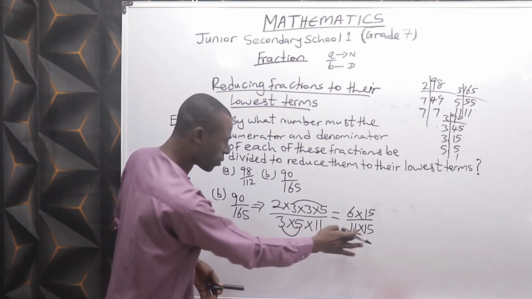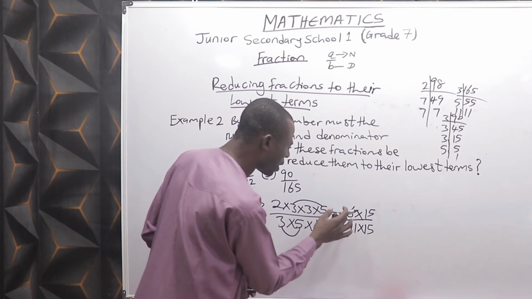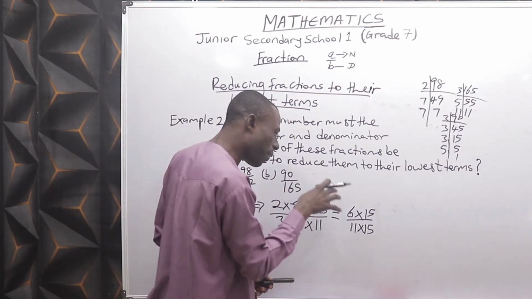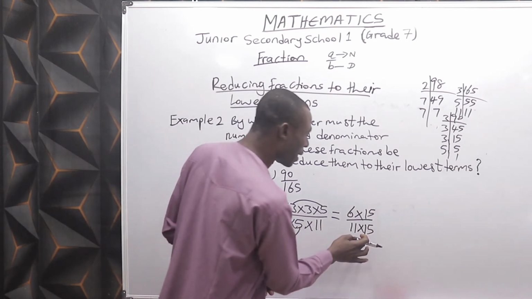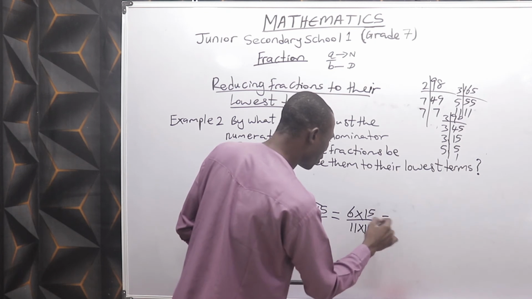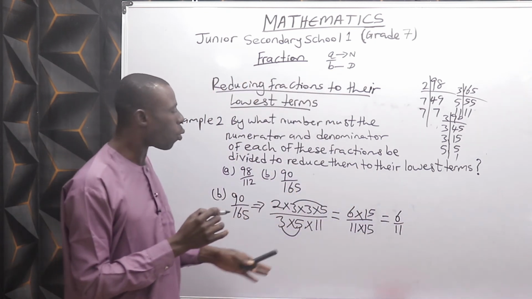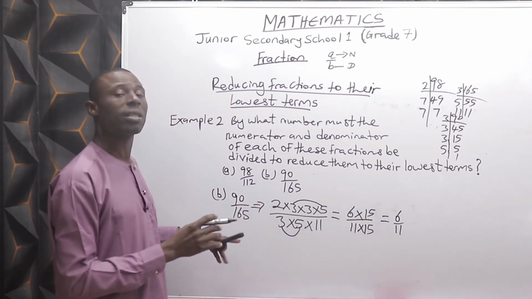3 times 5 is 15. Then the 11 is there. Definitely, if you want to reduce this fraction to its lowest term, we divide the numerator by the 15 and we divide the denominator also by 15 to give us 6 over 11, which is the lowest term of this fraction, 90 over 165.